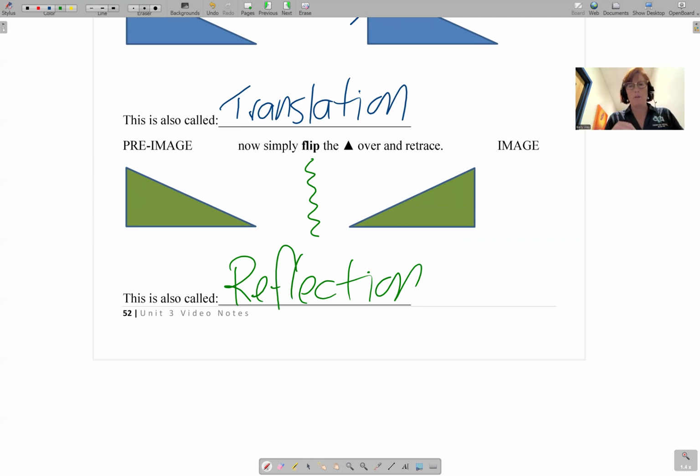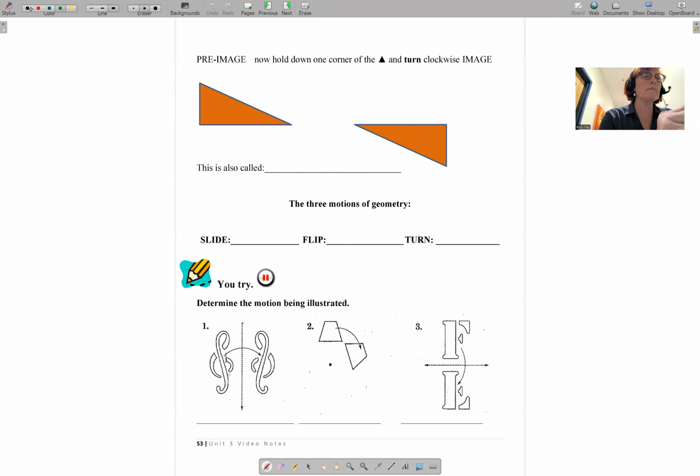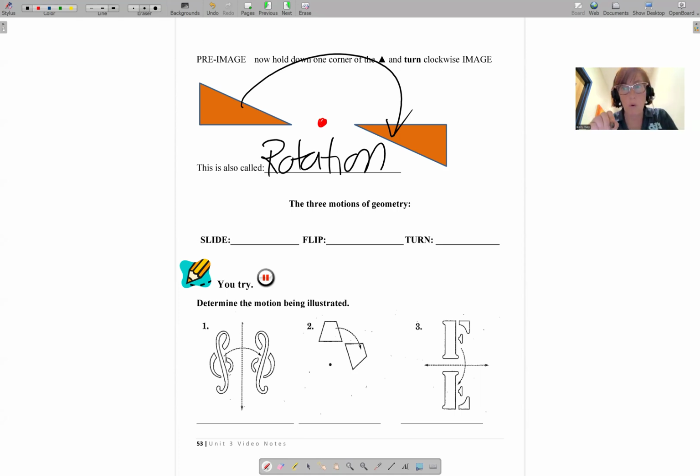Slide, flip, flip is reflection. And of course, if you take an image and you rotate it about a pivot, that's called rotation. Slide, flip, turn. The fancy names are?